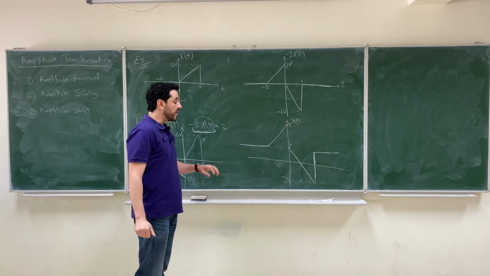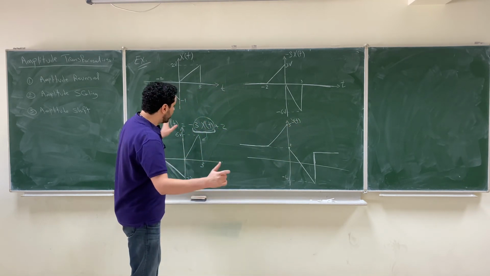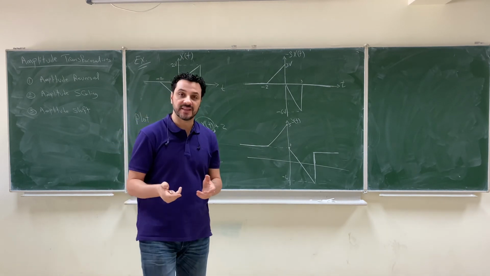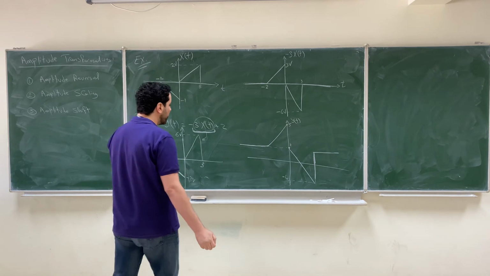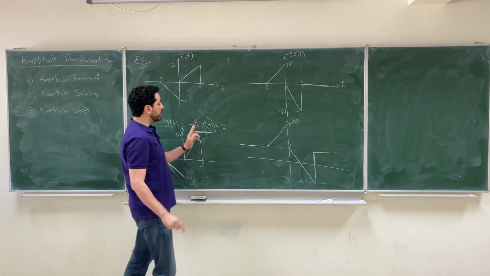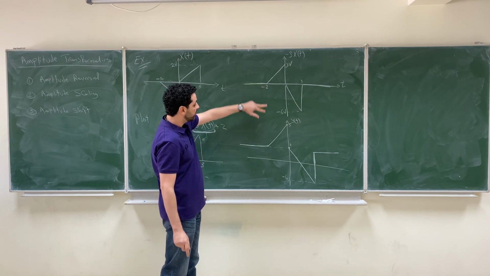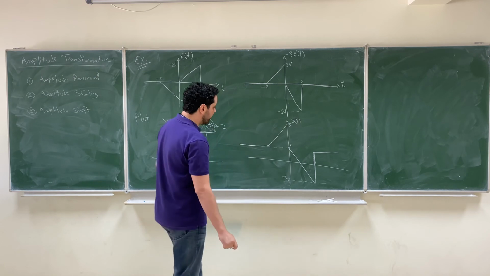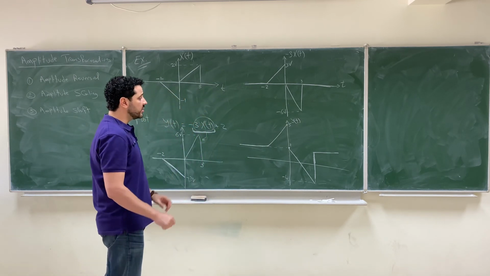In this example we applied all the amplitude transformations, which are much easier than the time transformations, by the way. We applied the scaling, we multiplied by a factor here. Then we applied the reversal after multiplying by the negative sign, and then we applied the amplitude shift.